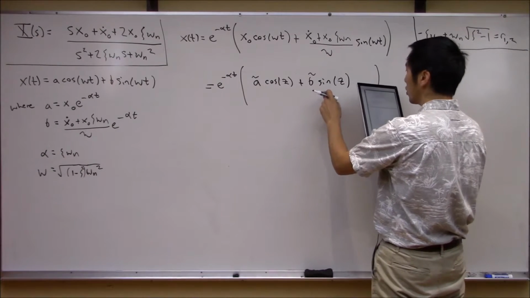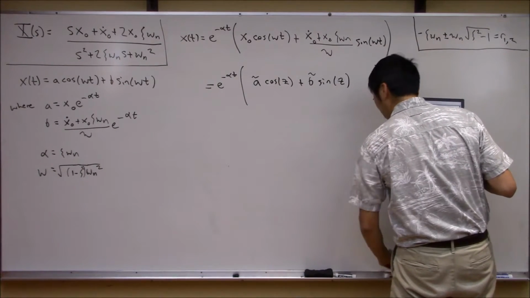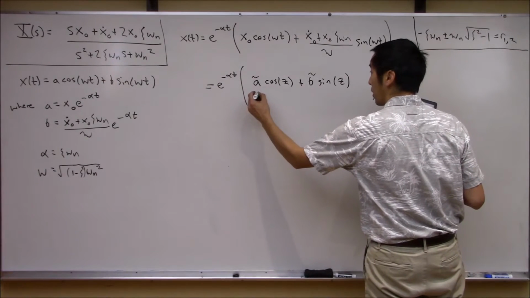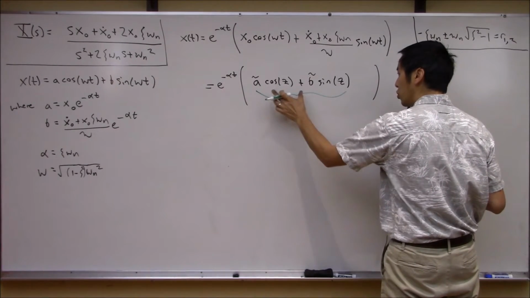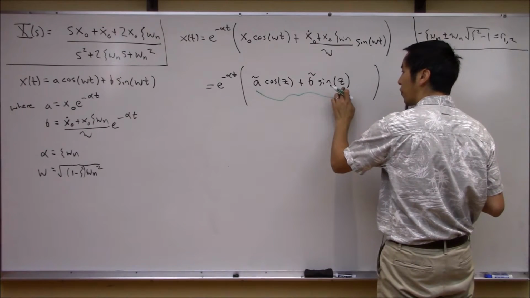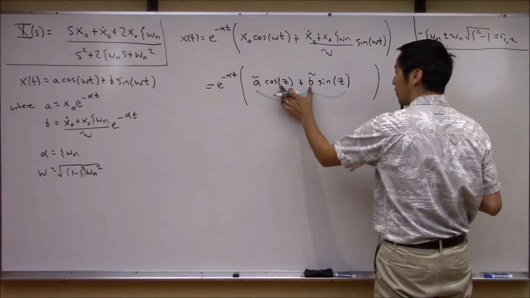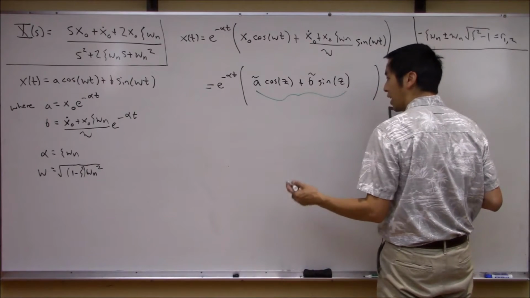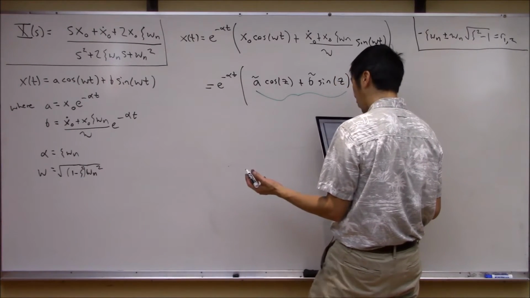Now we can use a trig identity on just this part. These are a cosine and a sine wave at the exact same angular frequency, just with different coefficients. You're adding them together, so we should get a single sinusoid out of this.